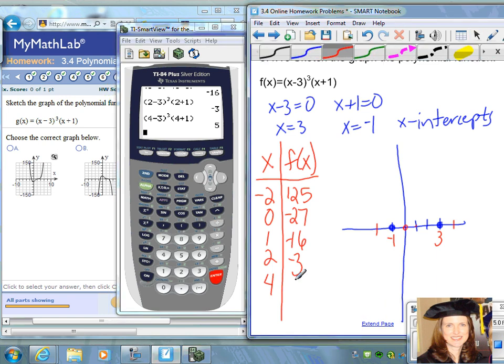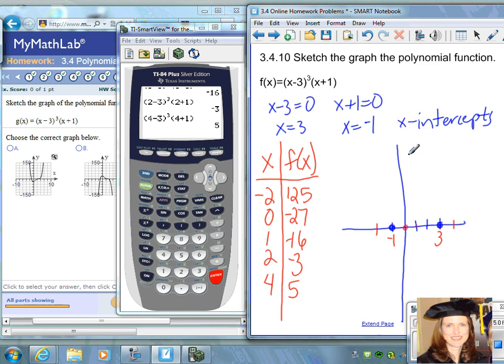So this should be enough points for us to get a decent idea of the shape of the graph. This is negative 2 goes all the way up to 125. 0 goes all the way down to negative 27. So we're going to have to choose a large enough scale on the y-axis so that we can see all of those values.